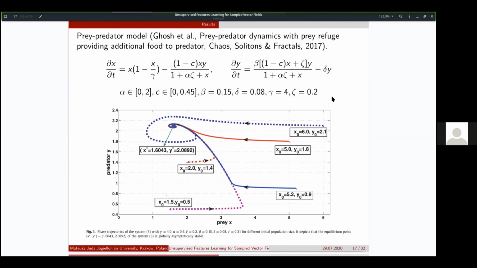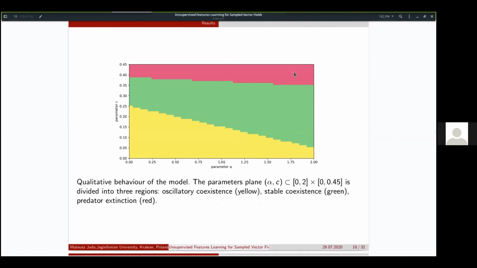However, to make things simpler, let me analyze the system according to alpha and C. I'm taking the model from the paper cited here. In the paper, we can find some analytical result which shows how the model behaves when we modify the alpha and C parameters.